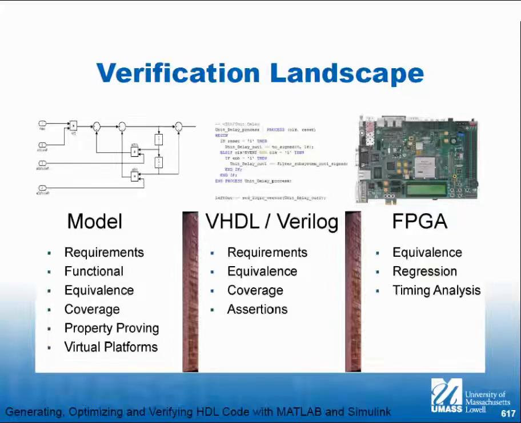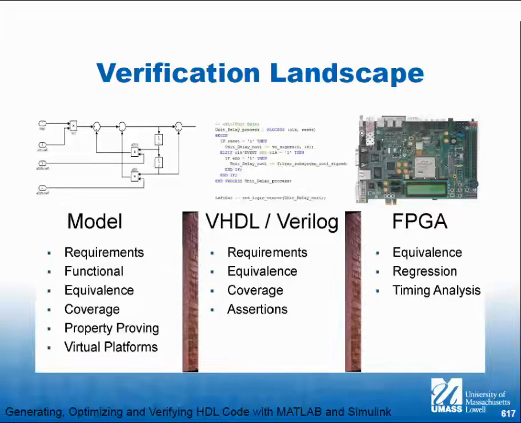So ultimately, if this is a lower level of abstraction of our specification, we can take the HDL or the gate level model of this and do a logic equivalence test on it with the tool. We can look at coverage somewhat.